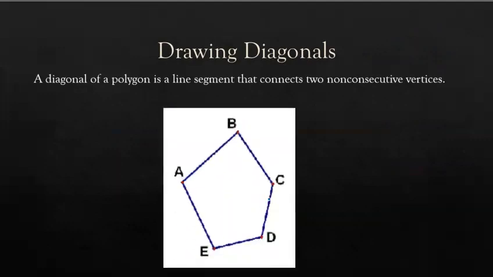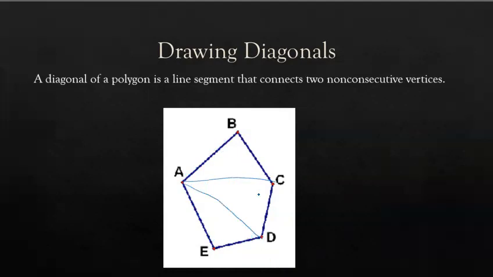So here's a picture of a pentagon. If I want to draw from A to another vertex, but not one that's next to it, I'm not going to draw from A to B, that's not a diagonal. And I'm not going to draw from A to E, that's not a diagonal. But I could draw from A to C, and I can draw from A to D.